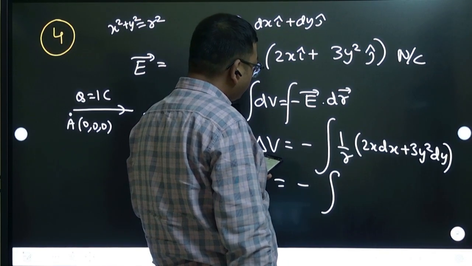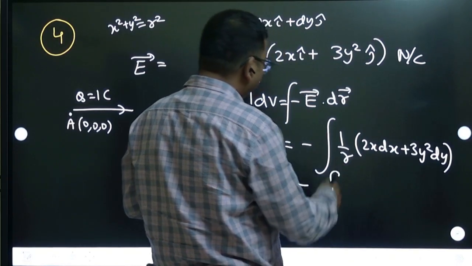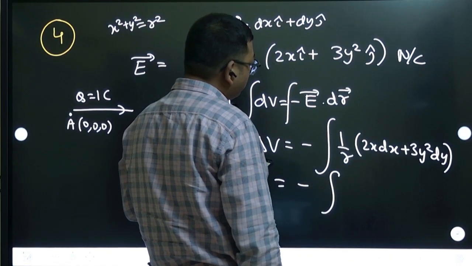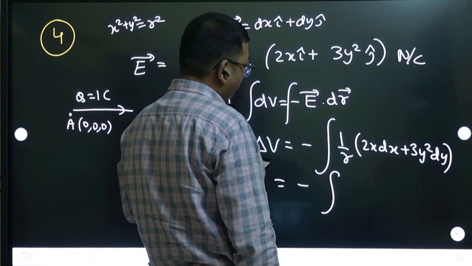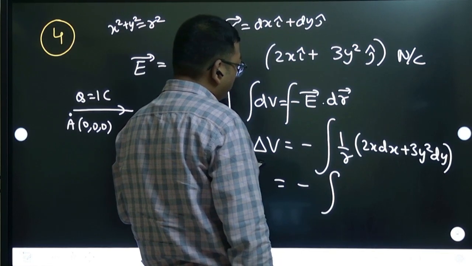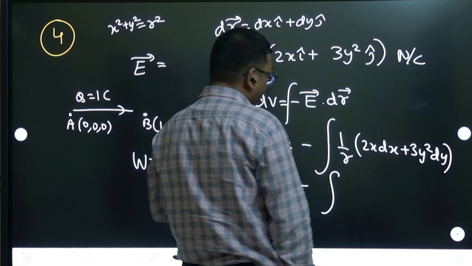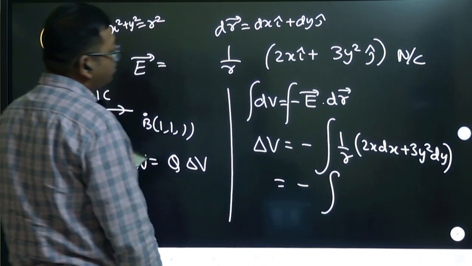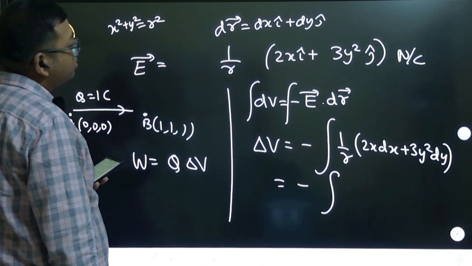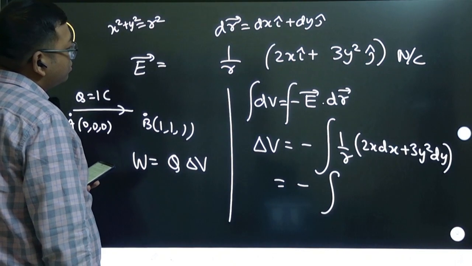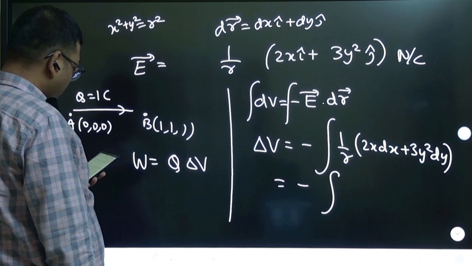So how do we do this calculation? How do we calculate the potential difference?